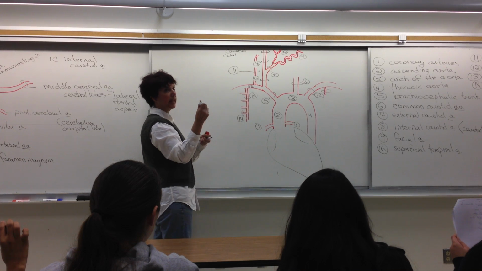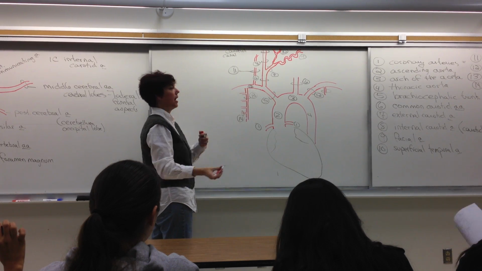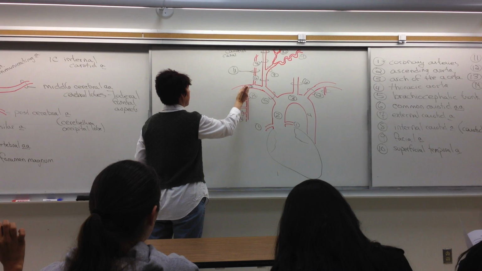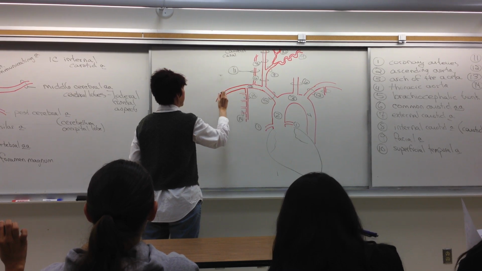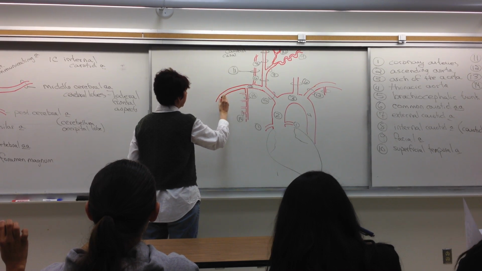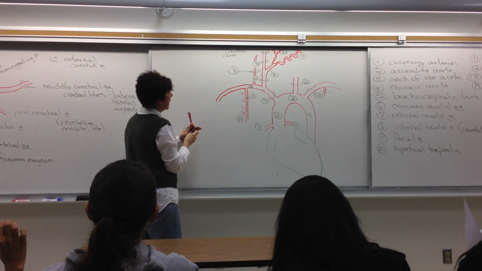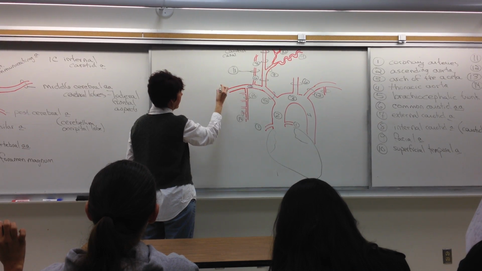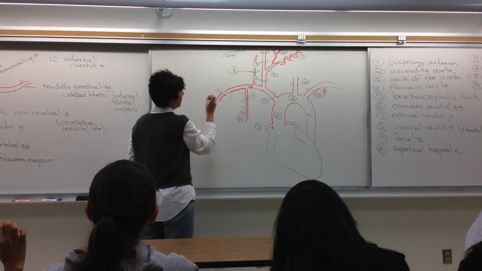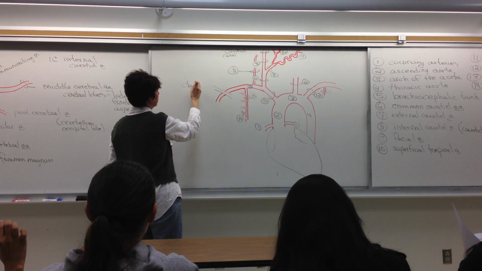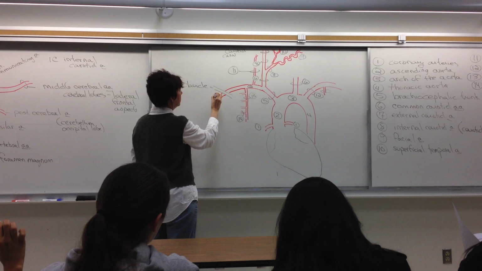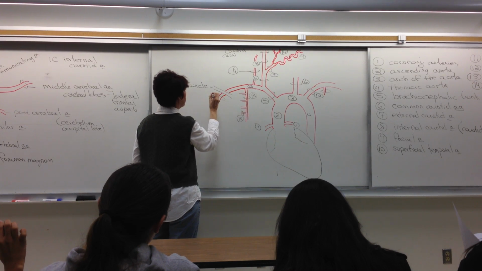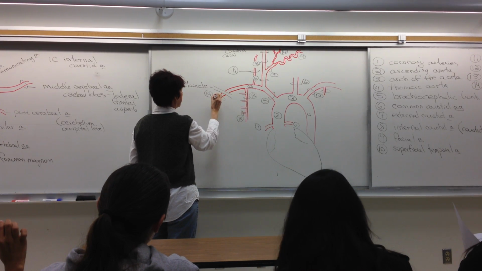Now let's take the subclavian down into the upper extremity. So as its name indicates, it travels inferior to the clavicle and into the axilla. As soon as it passes deep to the clavicle, we change its name. And it now is known as the axillary artery.